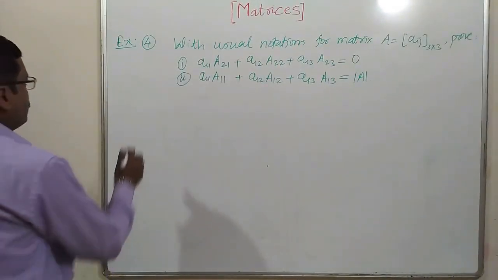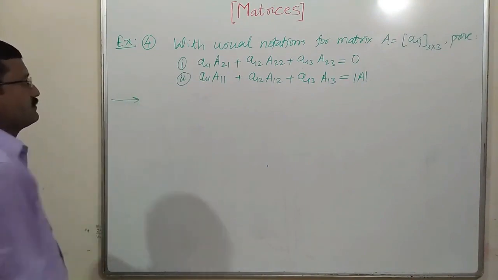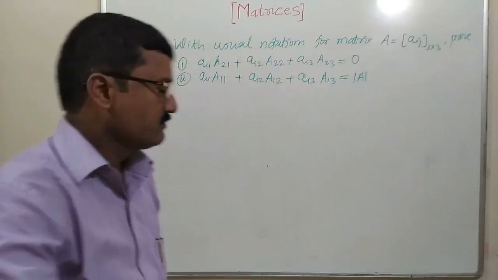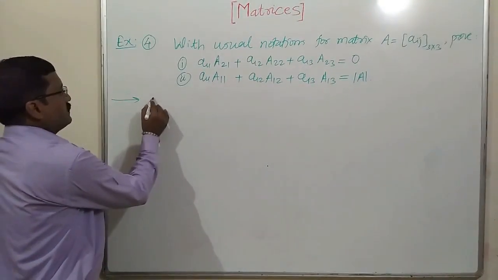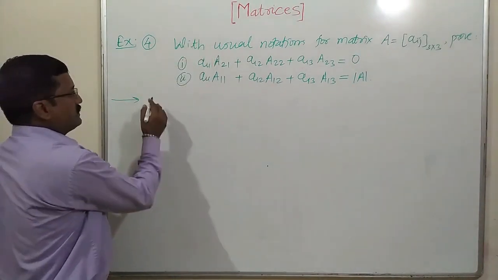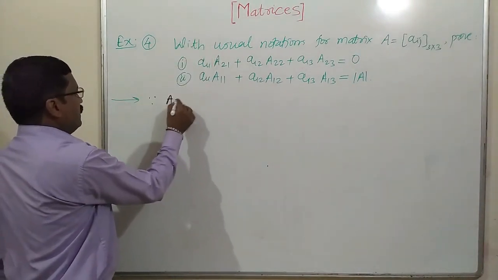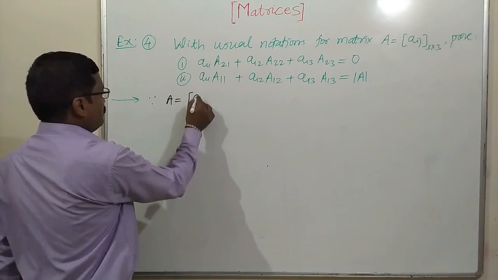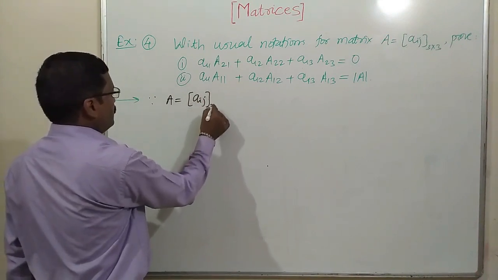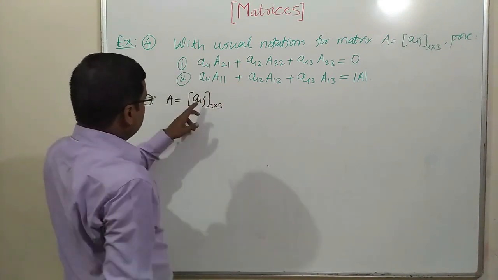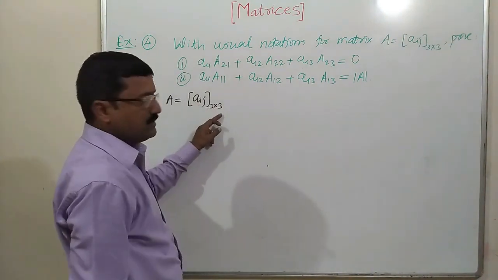Consider matrix A. Given matrix is A equal to matrix Aij of order 3 by 3, means i takes values from 1 to 3 and j takes values from 1 to 3.